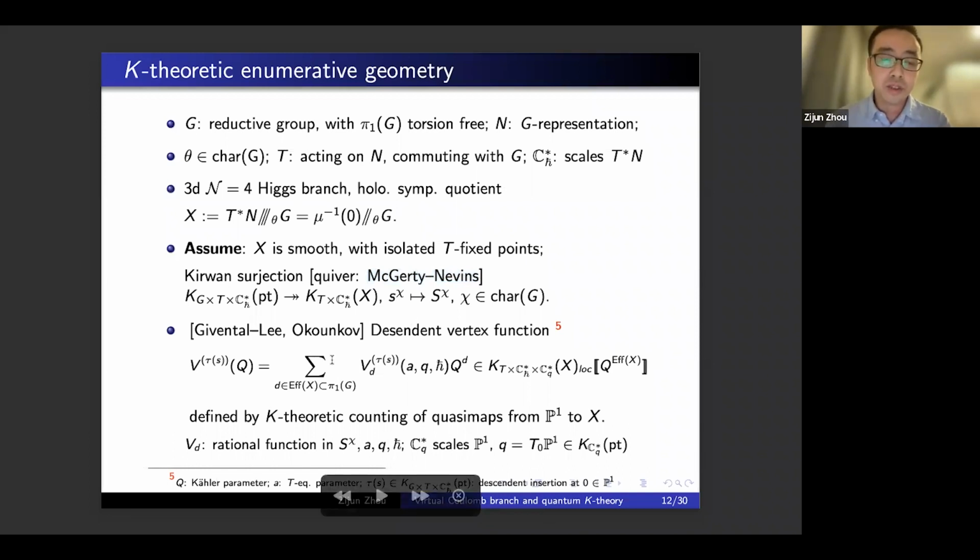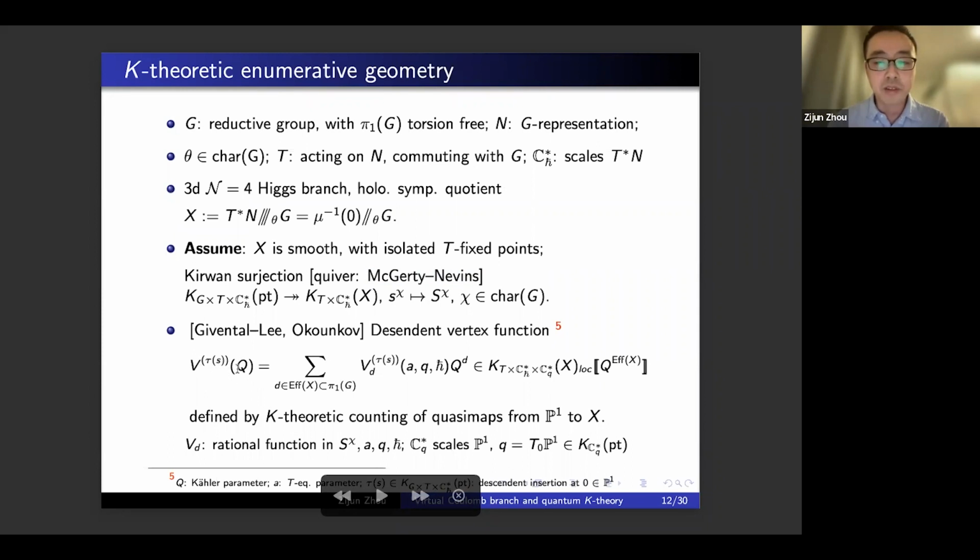And the central object in the enumerative geometry of such spaces is this descendant vertex function, proposed by Andrei Okounkov. So it's called V_Q.